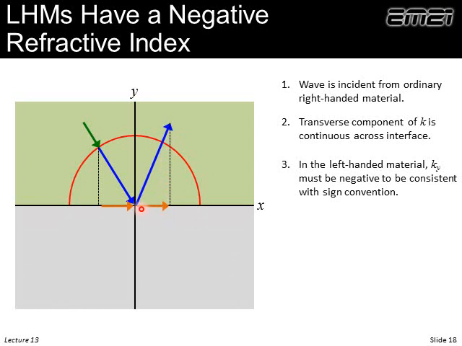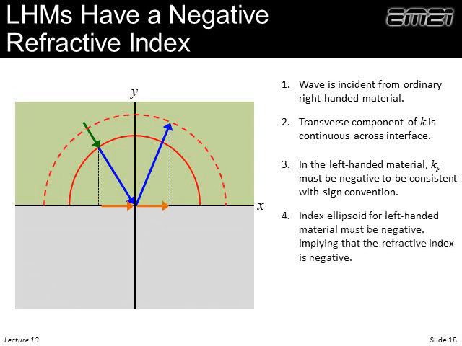But because of boundary conditions, here's our transverse component of the wave vector. It has to be this. Well, since our wave vector is on the other side of the interface, that means our index ellipsoid for the second material, the material at the bottom, is also up here.